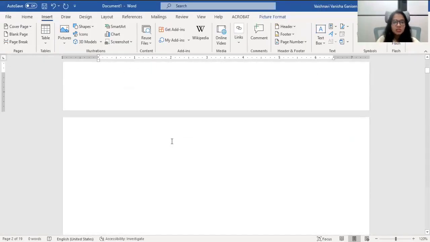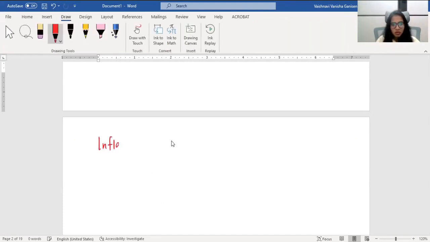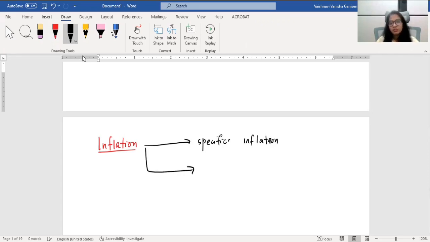When it comes to inflation, you have to be careful in your question, because the examiner might give you specific inflation rates, or he might give you general inflation rates. What does it mean by specific inflation rate and general inflation rate?